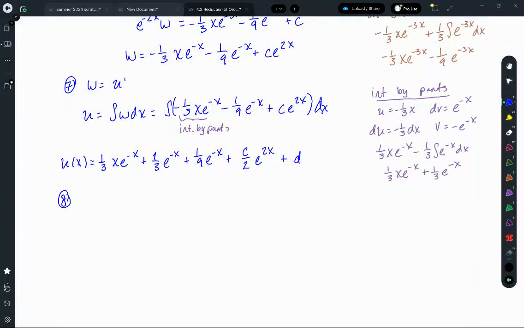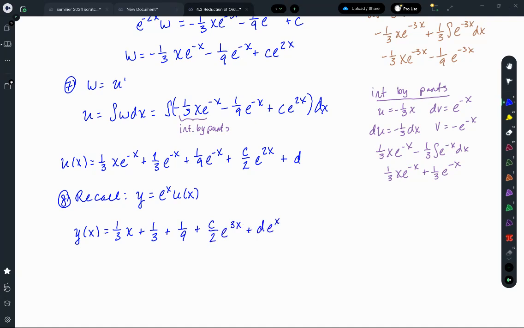So remember, y is equal to e to the x times u of x. Okay, so I'm going to take this one last step and say y of x is equal to, and I'm going to multiply an e to the x through everything here. I get a 1/3 x plus a 1/3 plus a 1/9 plus a c over 2 e to the 3x plus a d e to the x.